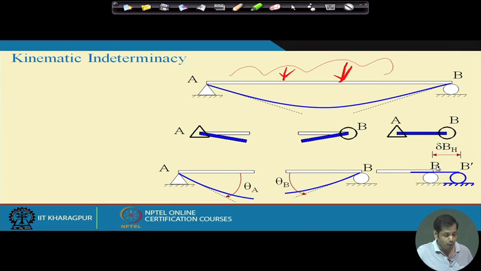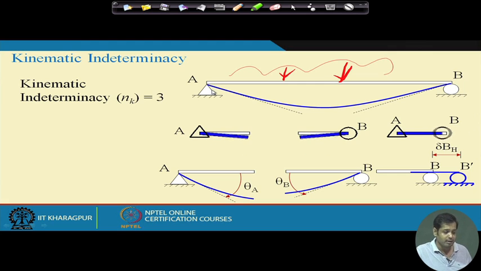So, if point B goes to B dash, because it is a roller support, translation in this direction is allowed. There is no constraint against horizontal movement. So, what is the kinematic indeterminacy? Kinematic indeterminacy is 3: 1 degree of freedom at A and 2 degrees of freedom at B, total kinematic indeterminacy is 3. Now, there is one important point here.